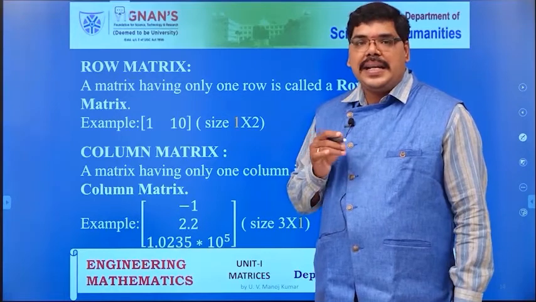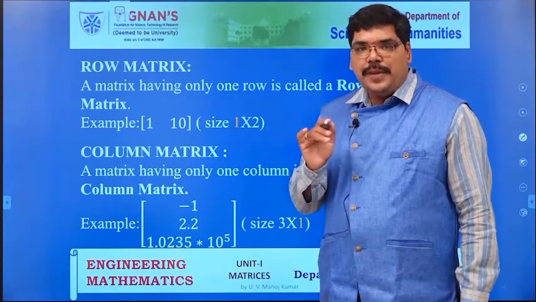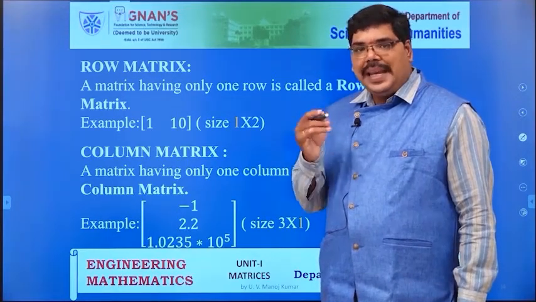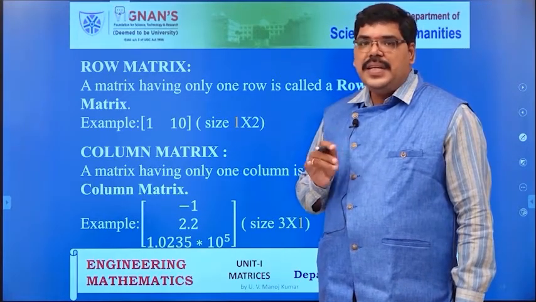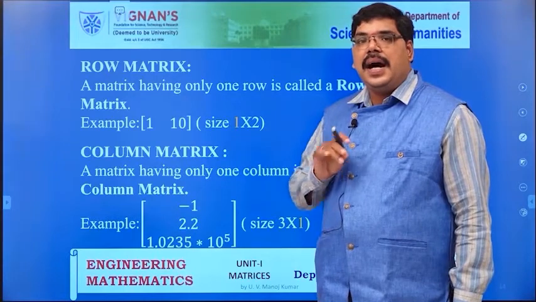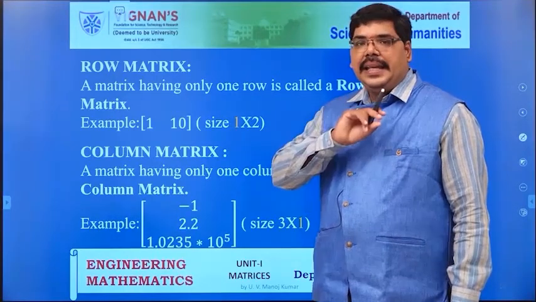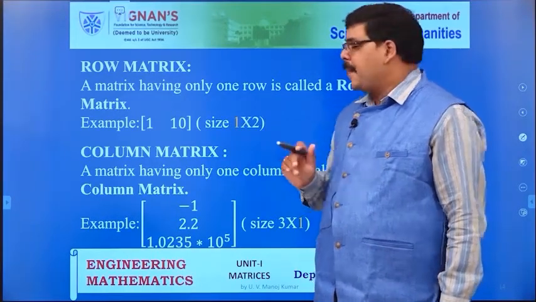a row matrix means it has only one row. There may be any number of columns, but there is only one row. That means a row matrix is the arrangement of the given elements in a horizontal way. See the example.